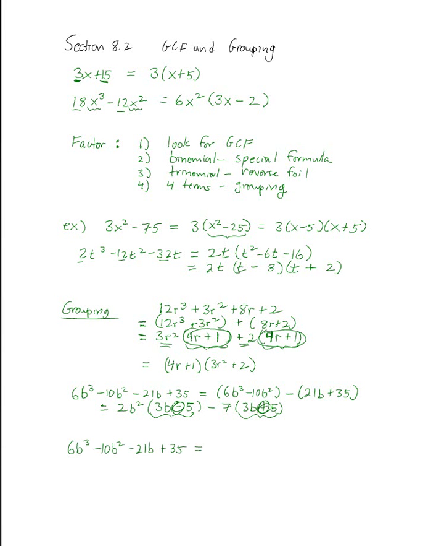My mistake actually was right on the very first step. 6b cubed minus 10b squared. I put those together, that's fine. The mistake is I put a minus outside my parenthesis here, which is okay. 21b, and this would have to be minus 35, and here's why. If I put the minus out here, think of your distributive property.